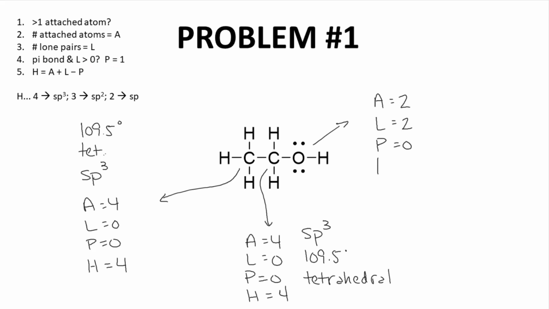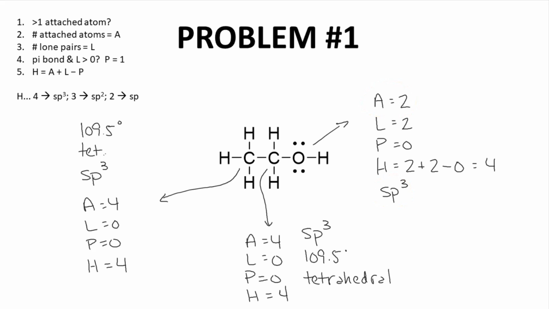Now we go to our equation. H equals A, which is 2, plus L, which is 2, minus P, which is 0, and that gives us 4. And so if it's 4, we are sp3 hybridized. Now, this is a little different. We're going to go back to this table because, again, we have sp3, but our value for A is different.